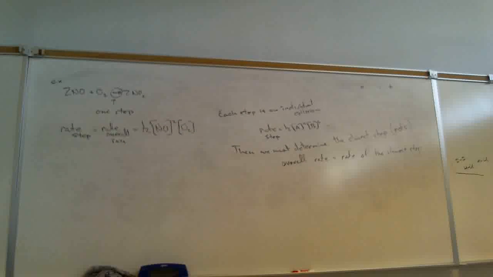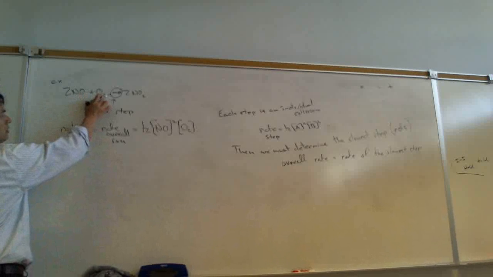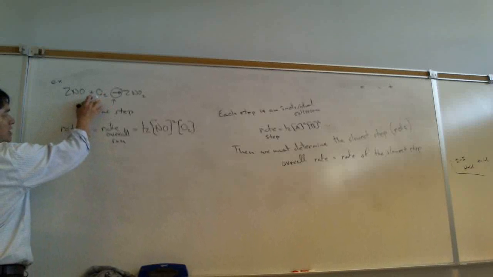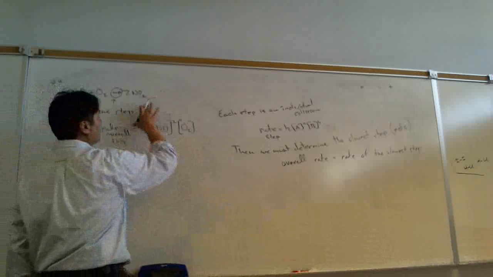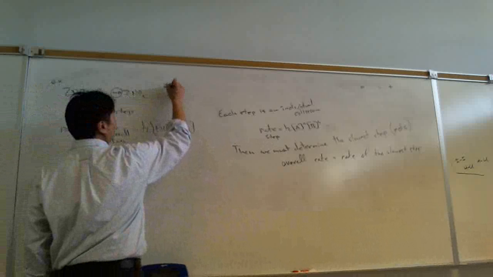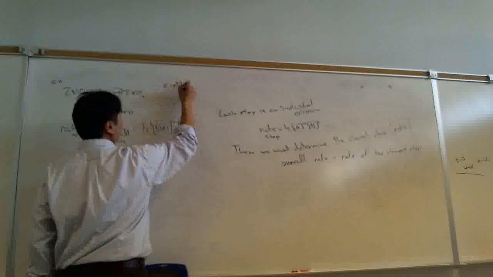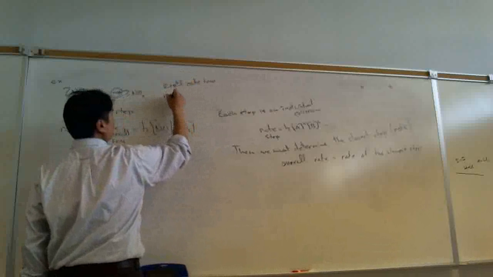How do we know if it's a one-step process or not? Well, two things. One, the reaction has to match, and two, the rate law has to match the experiment. The experimental rate law is given.